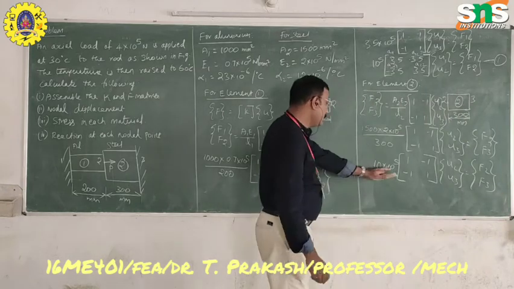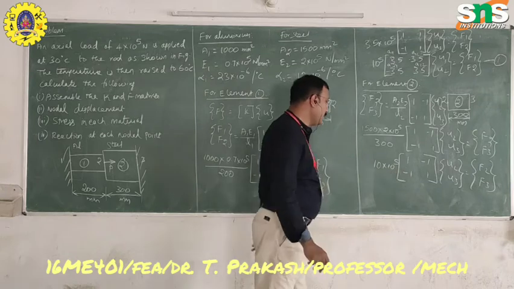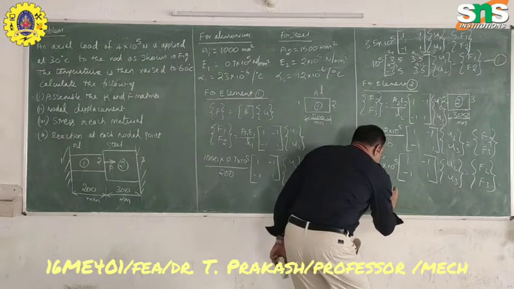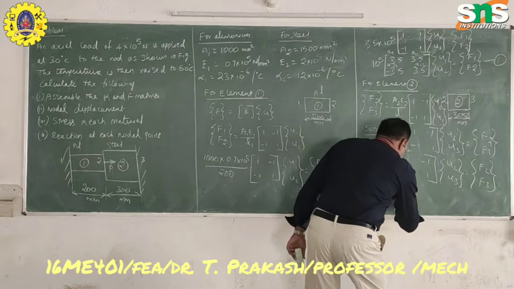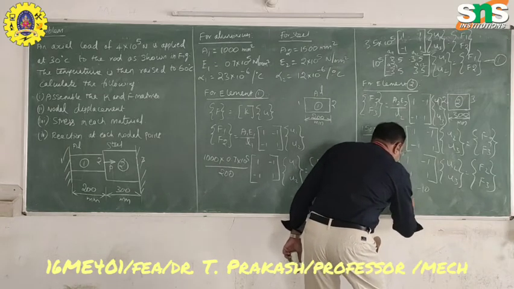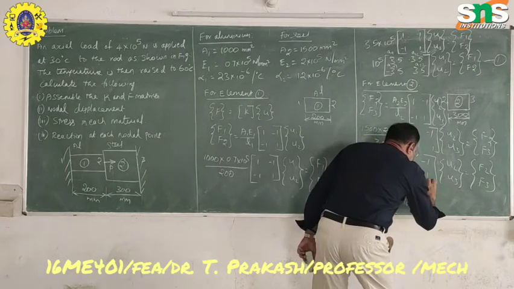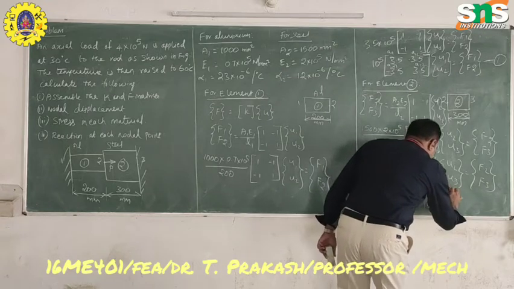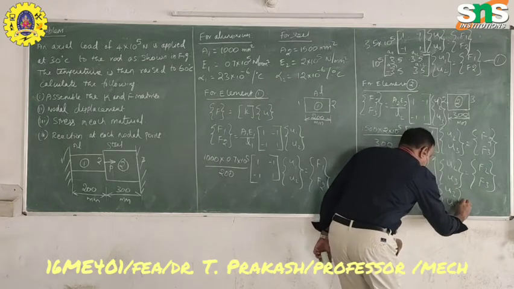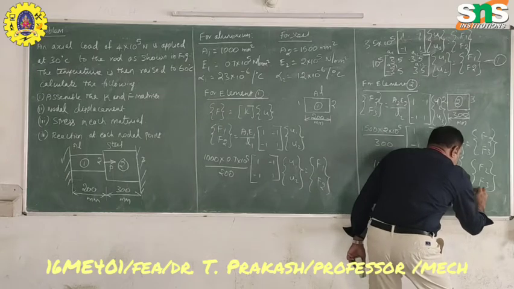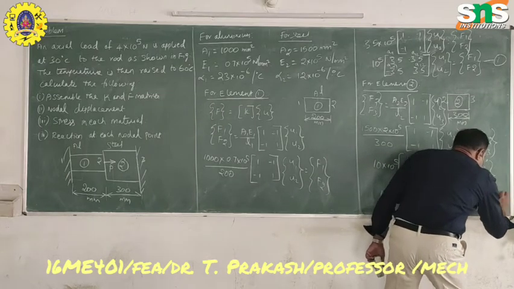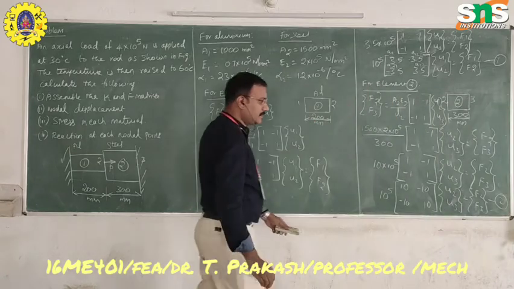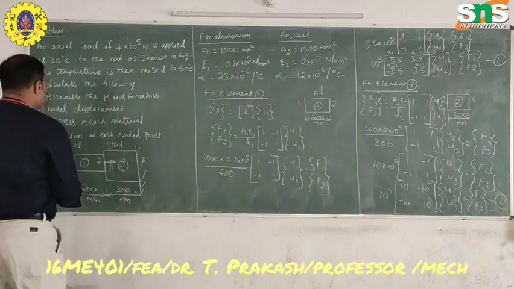Now take the common term, keep 10 power 5 outside, and multiply 10 inside. The matrix 10 minus 10, minus 10 10, times U2, U3 is equal to F2, F3. It is our second element: the stiffness matrix, force vector and displacement vector.